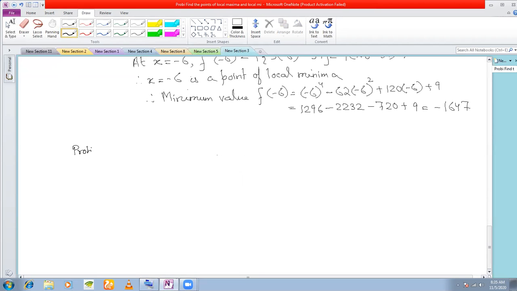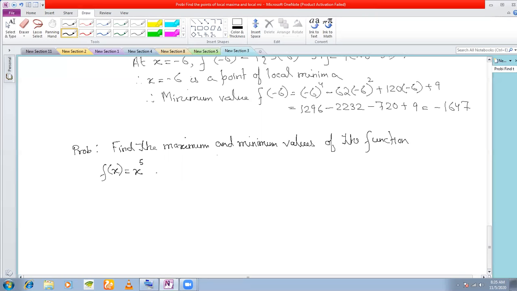Problem: find the maximum and minimum values of the function f(x) = x^5 - 5x^4 + 5x^3 - 1.